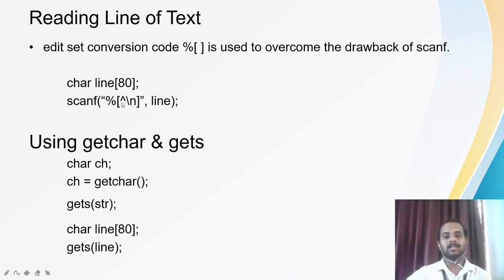Then you can mention that is not null, sorry, not new line character. So even if you enter white spaces, it is going to take the value. So you can enter New York now. So in the line, New York will be stored. It will only come out when new line or enter is pressed.